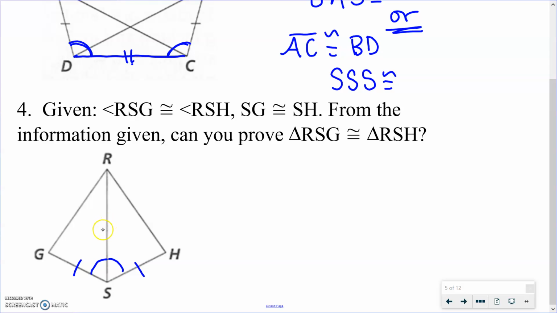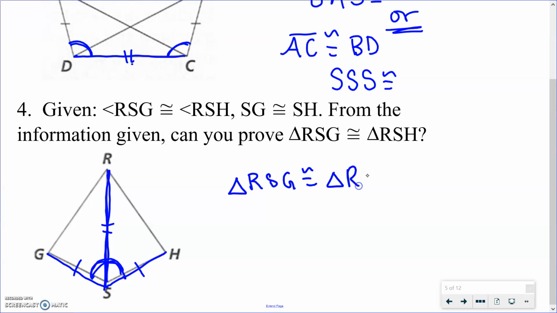And the answer to that is yes, because RS, this side right here, is a part of both triangles. So now we have a side, an angle, and then a side, and then the same side length, the same angle, and the same side length. And so we can say that these 2 triangles are congruent by side angle side congruence.